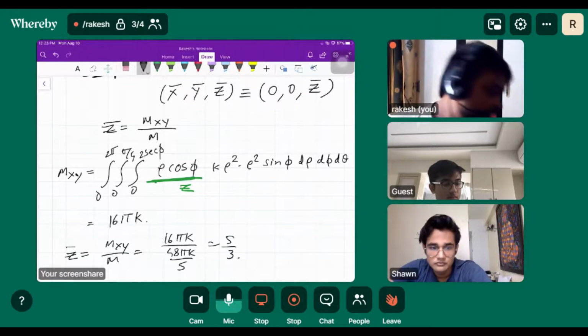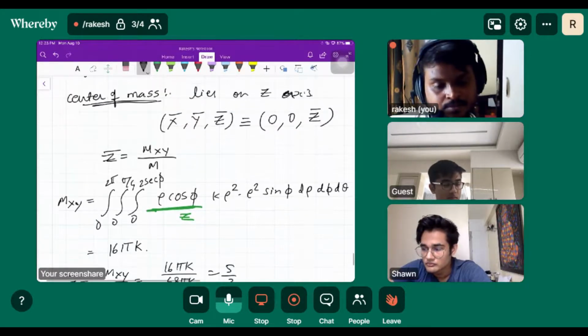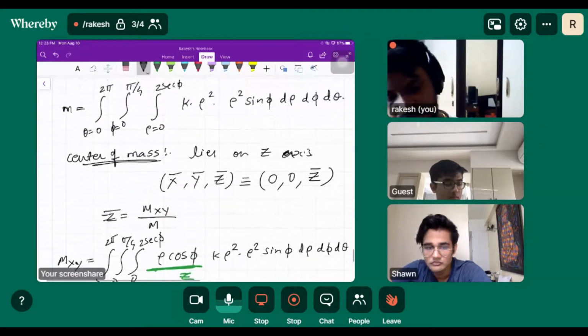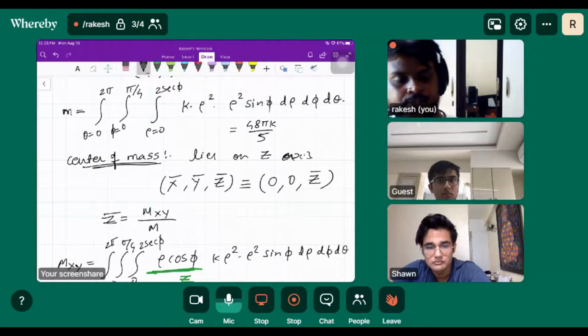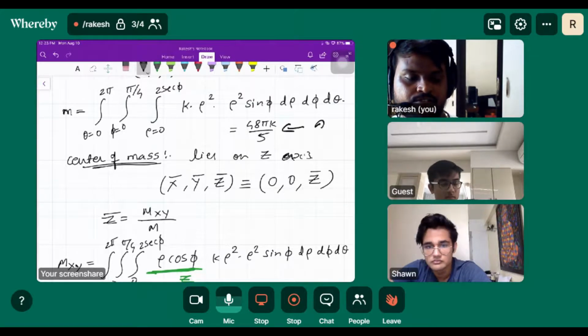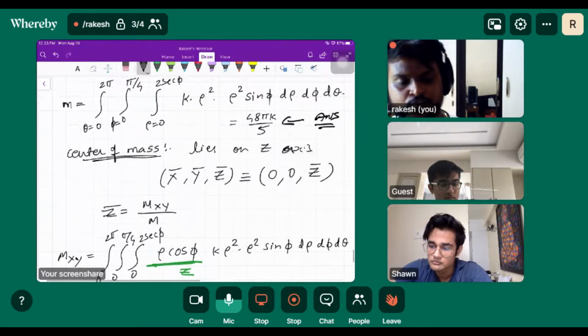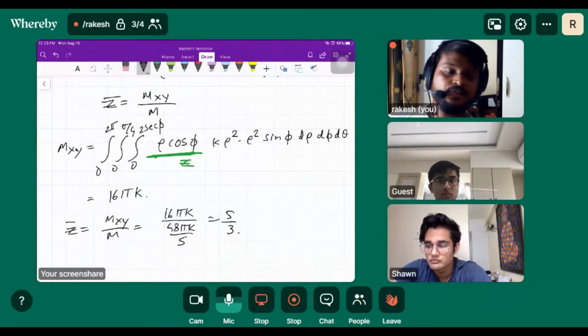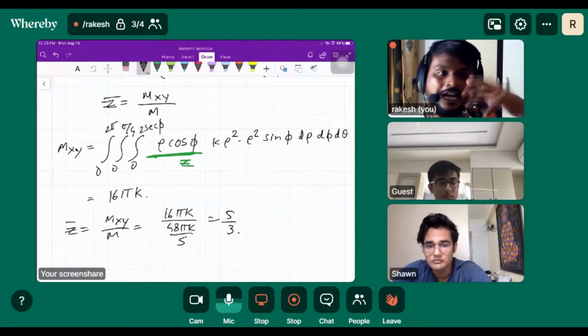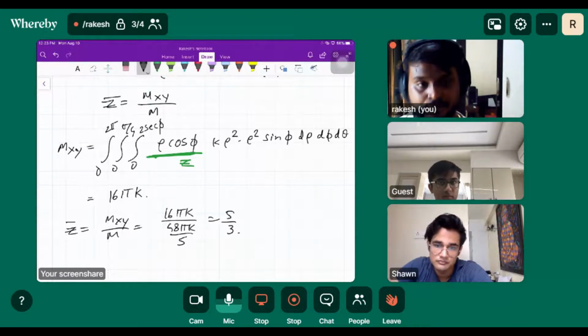I have given you the answer for the mass, that would be 48 pi k upon 5. If you are finding mass or volume and get 0 as the answer, you have to adjust the limits of the integral.